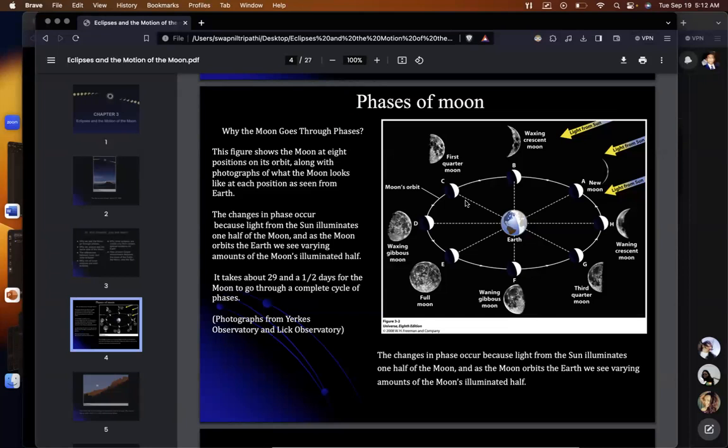If you just pay attention, you will be able to see, sometimes you'll be able to see the moon somewhere in the sky, even at noon. Which phase the moon is in determines when you will see it in the sky, whether you will see it in the day or in the night.